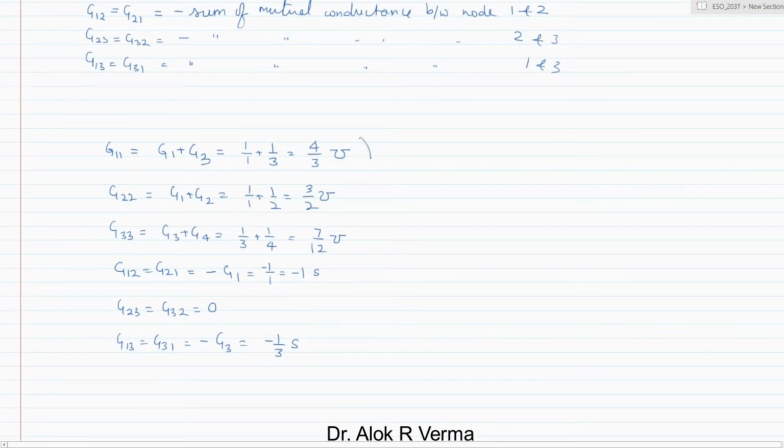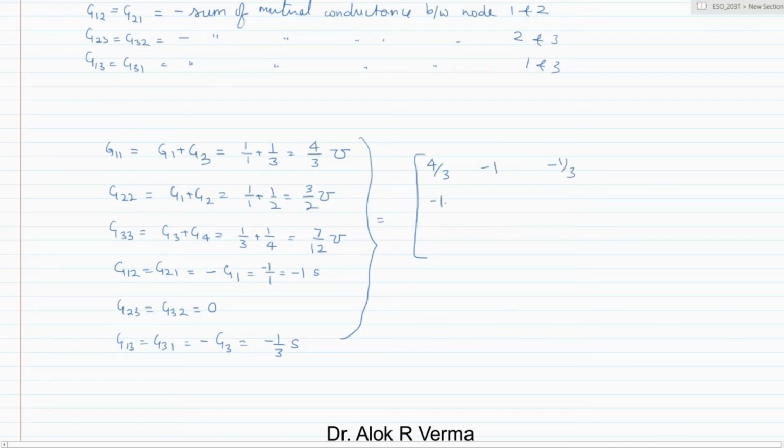So from here we can clearly write the nodal conductance matrix. That is nothing but 4 by 3, then G12 is minus 1, then G13 is minus 1 by 3.